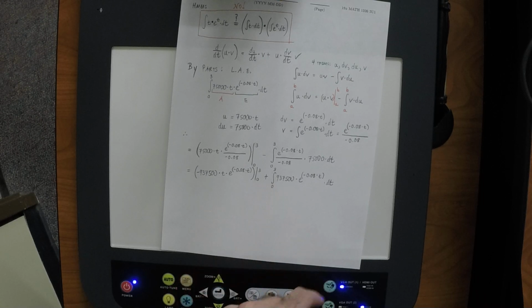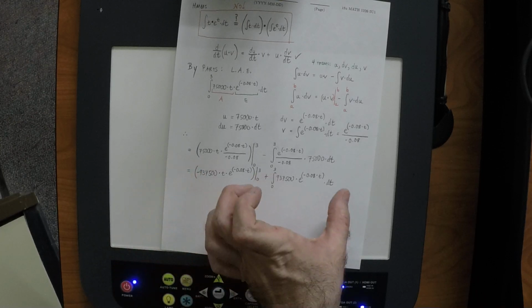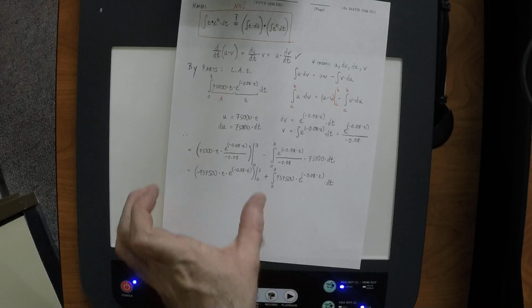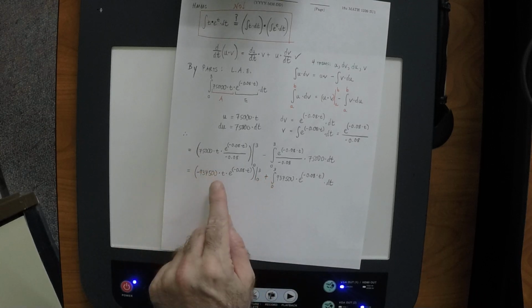To pull that out? Yeah, I mean, I could. It'd be fine. But I'm just going to do this part separate and then that part separate. So to evaluate just this part, remember that's a constant.